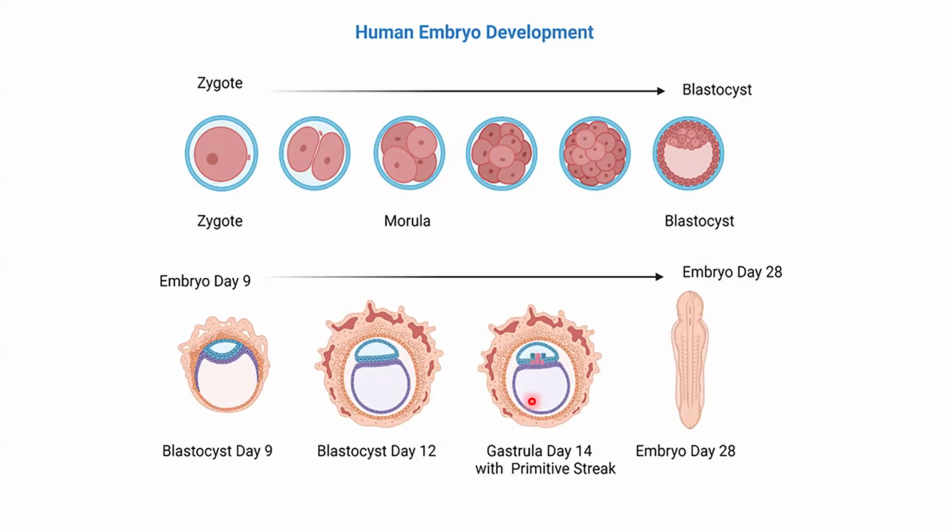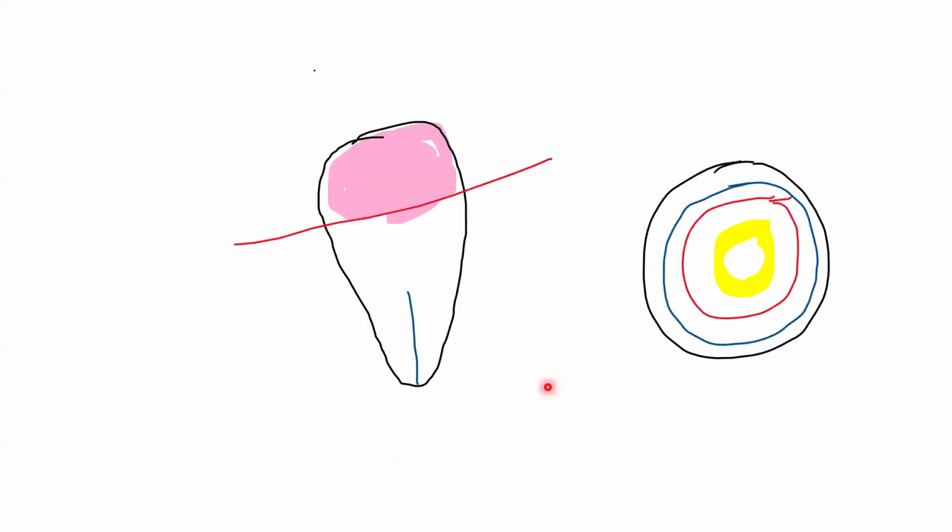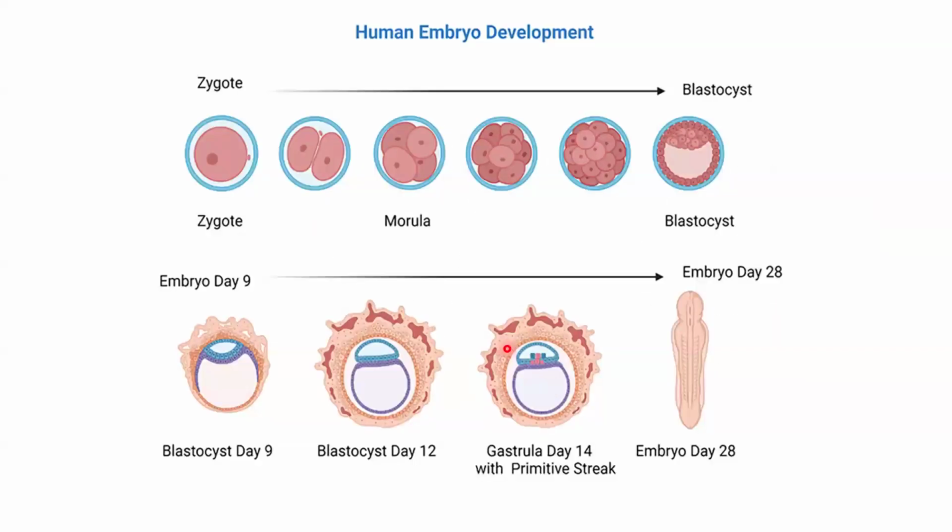So the gastrula is the starting point for all formation of organs, and that's really important in the discussion that we are going to have. So essentially, if you look at this structure, the three layers we have here, from the top, it looks in this way.